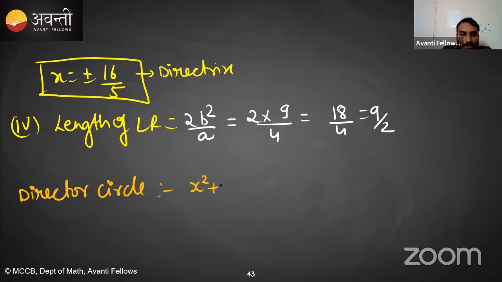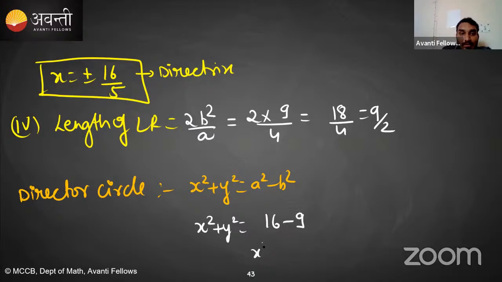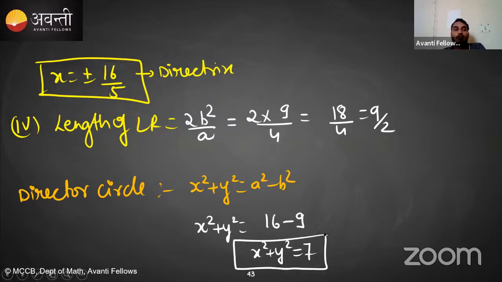For this hyperbola, it should be x square plus y square is equal to 16 minus 9. So x square plus y square is equal to 7. Clear है? Any doubt so far, students? Tell me quickly in the chat box.